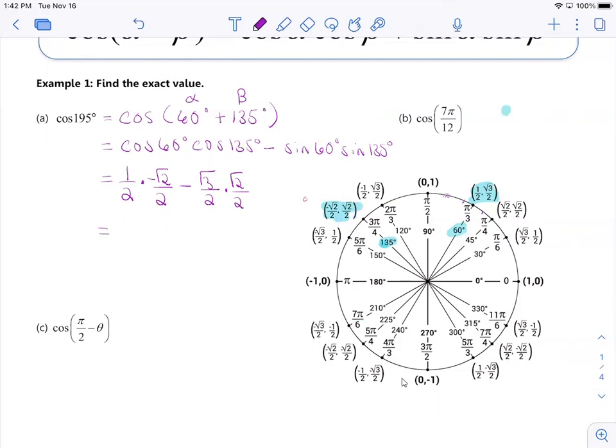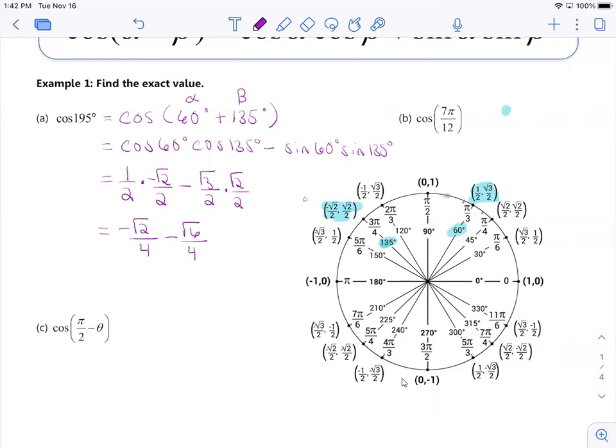And then we're going to clean this up. So 1 times negative root 2 is negative root 2 over 4, minus, and hopefully you're feeling okay with radicals, root 3 times root 2 is root 6, and that's over 4. So you can leave your answer like that.